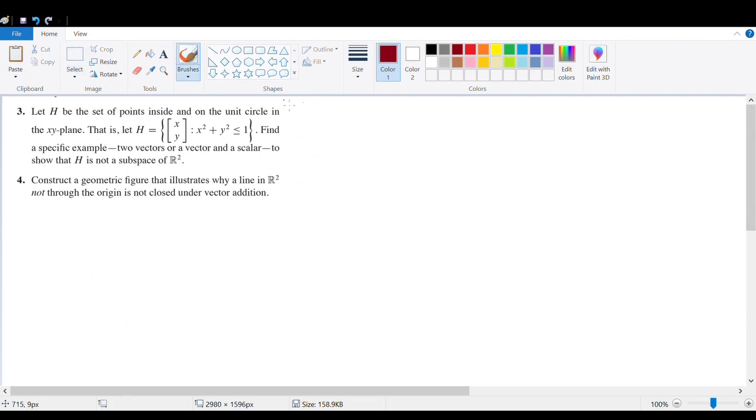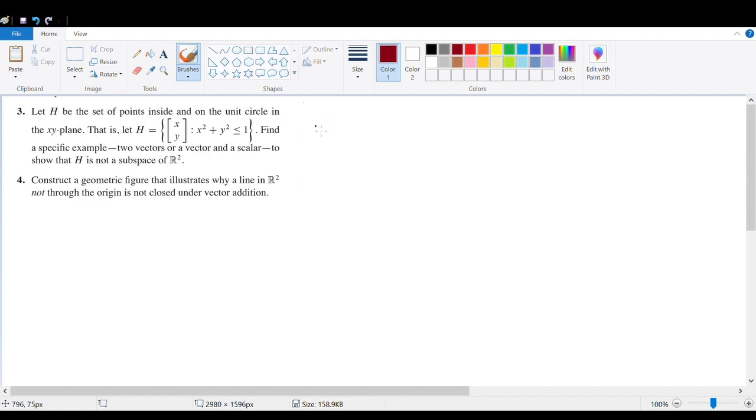In 3, let H be the set of points inside and on the unit circle in the xy plane. That is, let H equal the set of (x, y) such that x squared plus y squared is less than or equal to 1. Find a specific example, two vectors or a vector and a scalar, to show that H is not a subspace of R2.